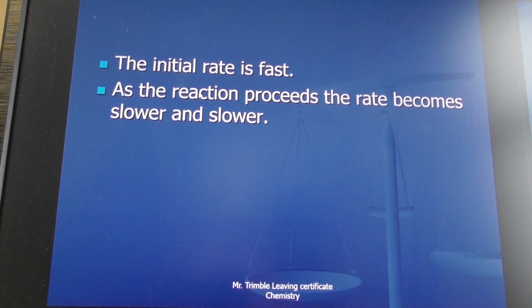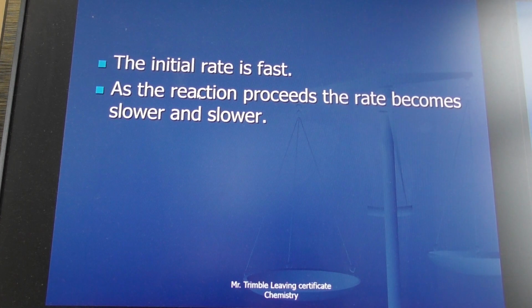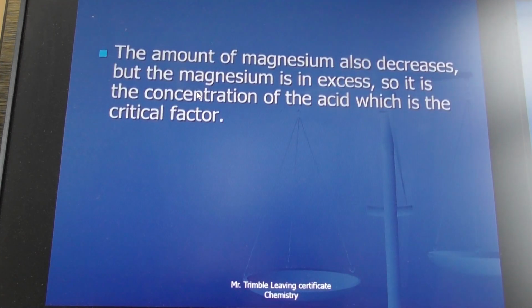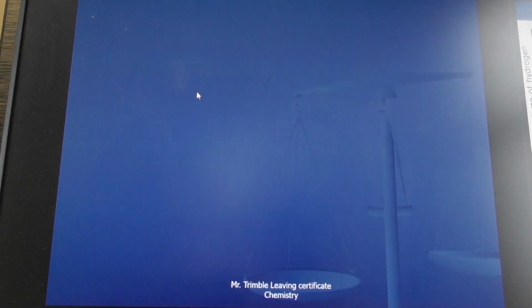And as the reaction goes on, obviously, considering you don't put in more reactants, the amount of reactants is going to decrease over time. And that is essentially why you have less collisions, the reaction starts to slow down, just quite simply because there's less of them present.